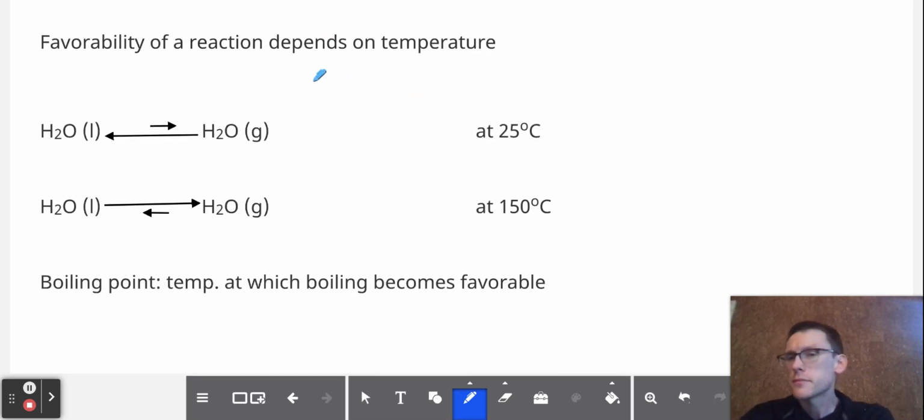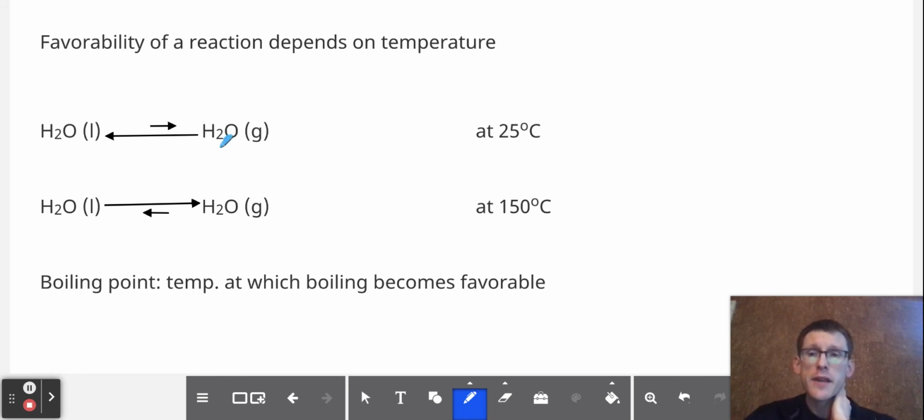Additionally, whether a reaction is favorable depends in part on what is going on. We talked about H2O breaking apart to form H3O+ and OH-. That's just not a very favorable process. But favorability of a reaction doesn't just depend on what the reactants and products are. It also depends on temperature.